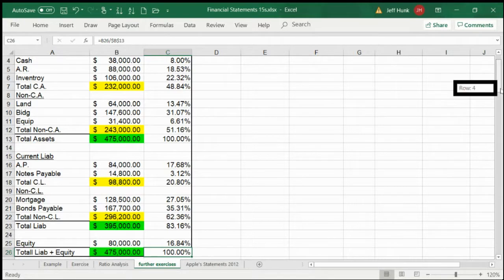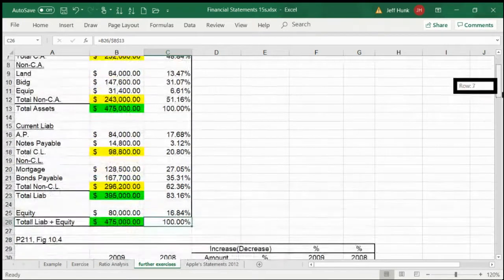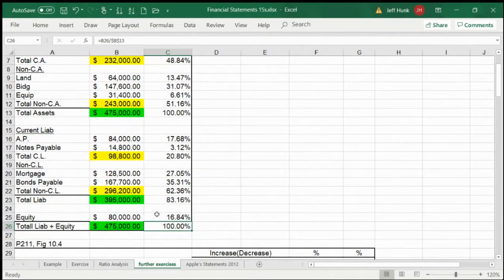And you can compare what proportion of the total assets is equity and what proportion is liabilities or debt. Look at this company. It's got only like 17% equity, and 83% debt.